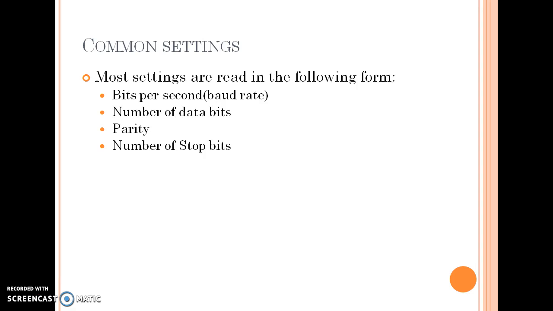We have to make the common settings like bits per second, the baud rate and bits per second. Baud rate is the number of line changes per second, and bit rate is nothing but the number of bits transmitted per second. There are many other settings like number of data bits, parity bits and number of stop bits.